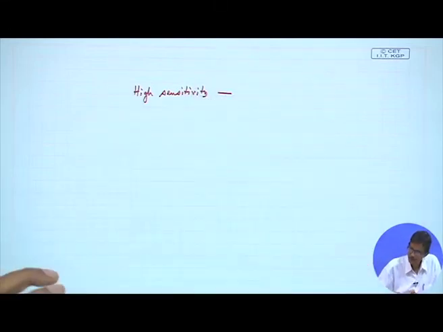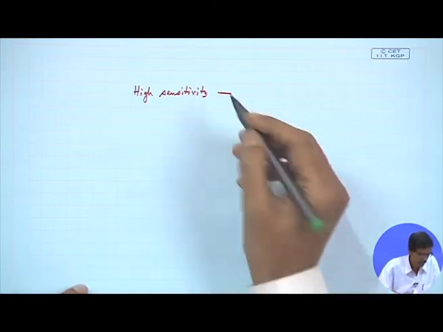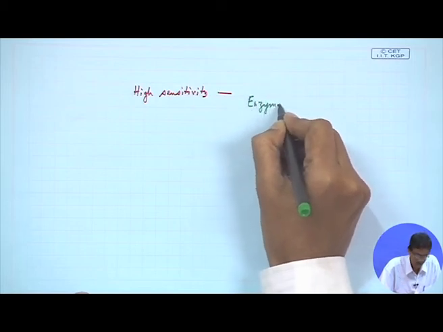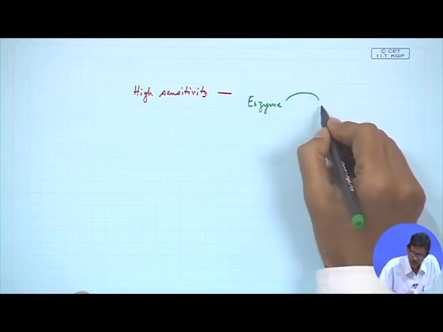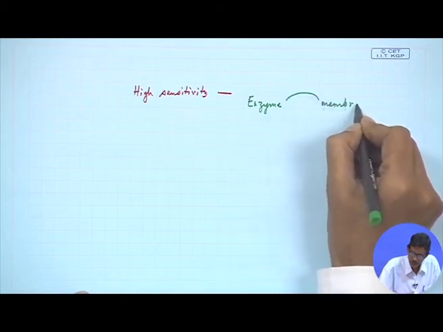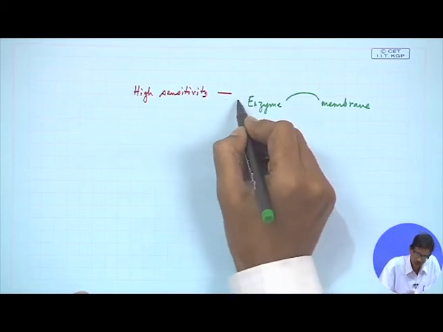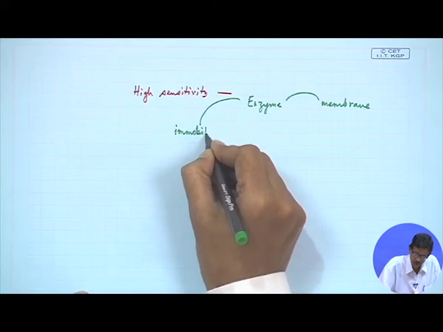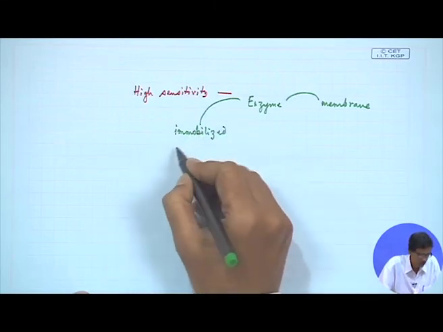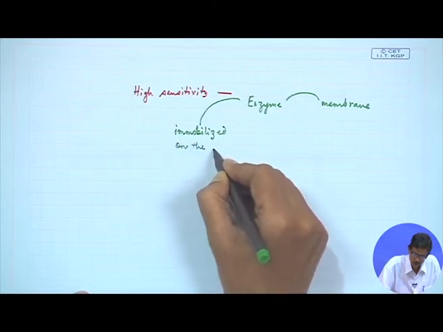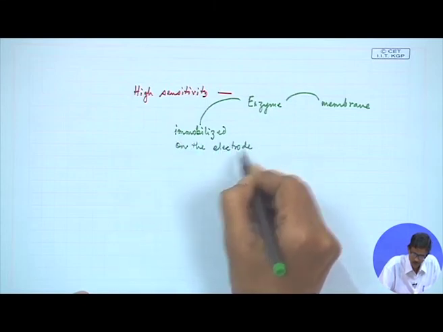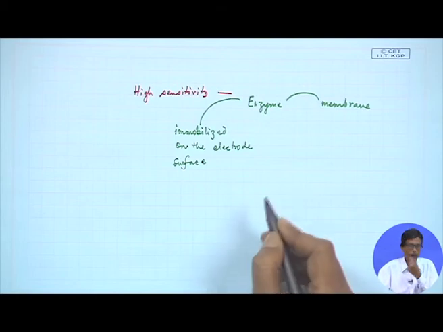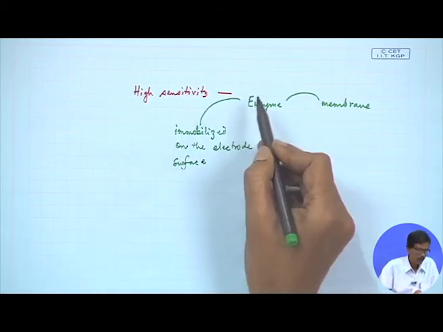That means you have to have some biological sensing element, and for that we bring the corresponding enzyme, and this enzyme we can put within the membrane, or it can be immobilized on the electrode surface. So, that is the biological sensing agent.